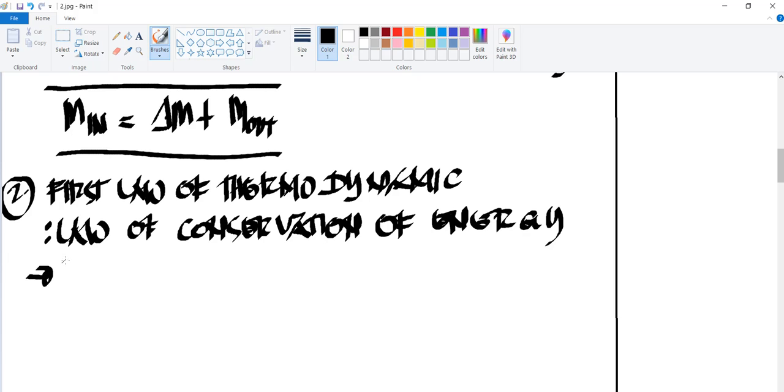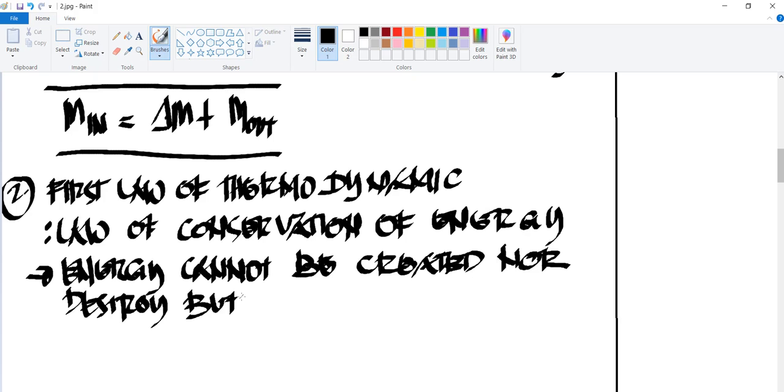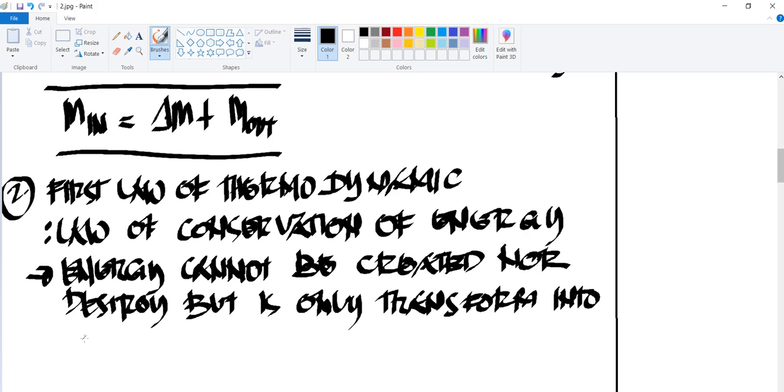So energy cannot be created nor destroyed, but it is only transformed from one form to another.